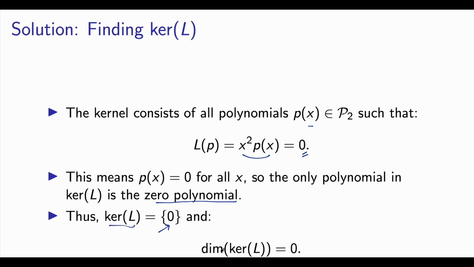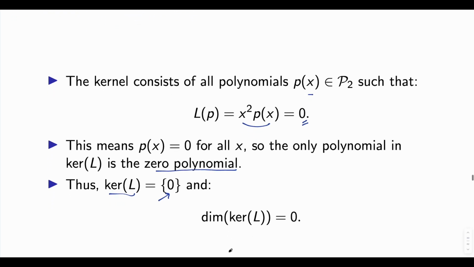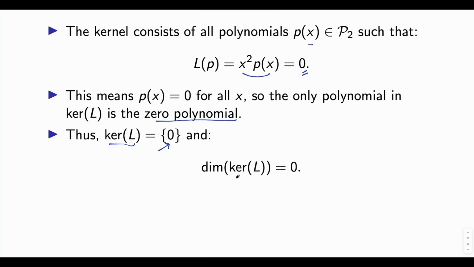Then in that case, just like in the previous problem, the dimension of the kernel is 0. Dimension of the kernel means we are finding the basis for the kernel, and the number of elements in the basis is known as the dimension, right? But the zero vector cannot be in the basis because the zero vector is linearly dependent.